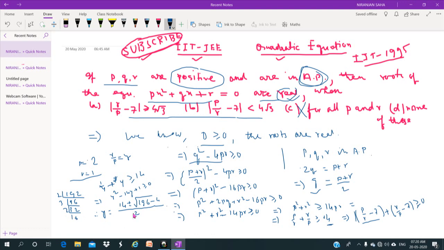So 8 root 3. So it can be 7 plus minus 4 root 3. So you can find out that this is being y minus 7 is equal to plus minus 4 root 3.